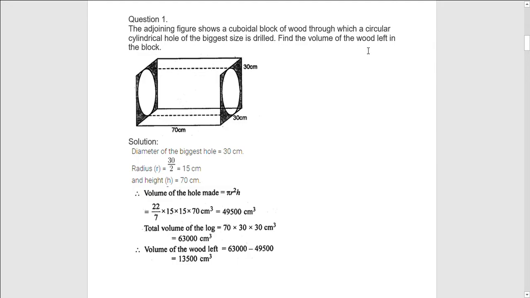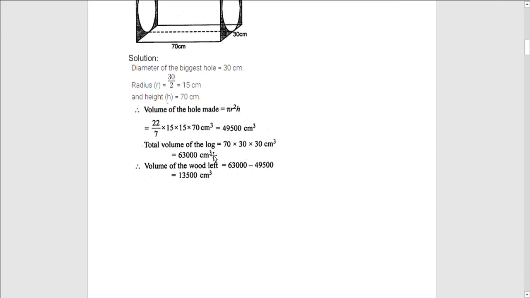Find the volume of the wood left. So how much wood is left? Volume of cuboid minus volume of cylinder. Volume of cuboid, I discussed with you, is L into B into H. Volume of the hole made is pi r square H, because it is cylindrical.